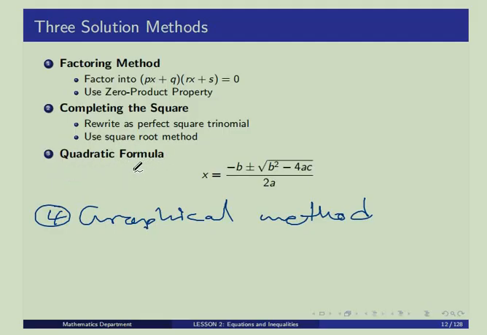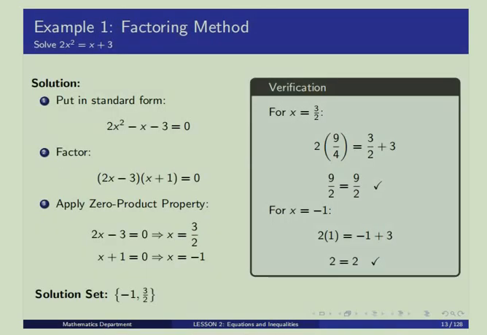Most of us are familiar with this one. And also this one, the other way where we draw or sketch the quadratic graphs to see where the solution lies. The solution in the graphical method will lie where the graph cuts the x axis.